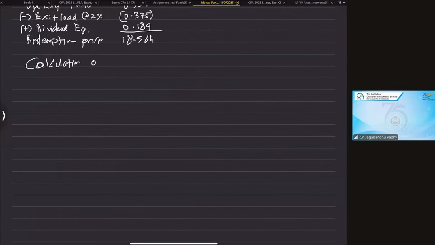Calculation of NAV as on 30th June. Opening value of net assets of mutual fund.